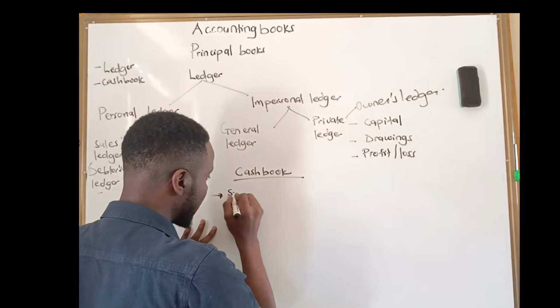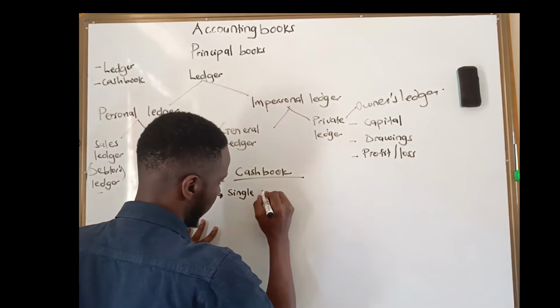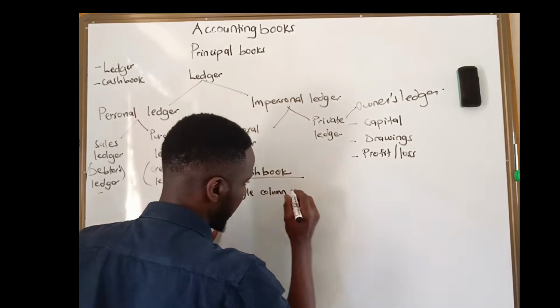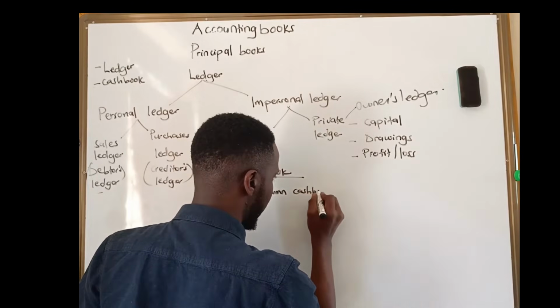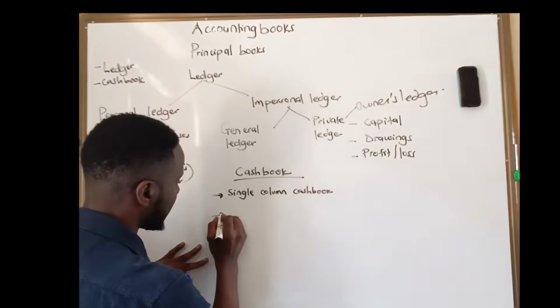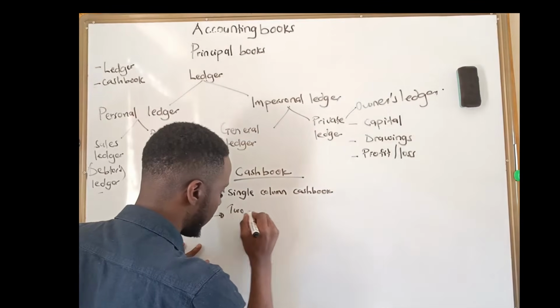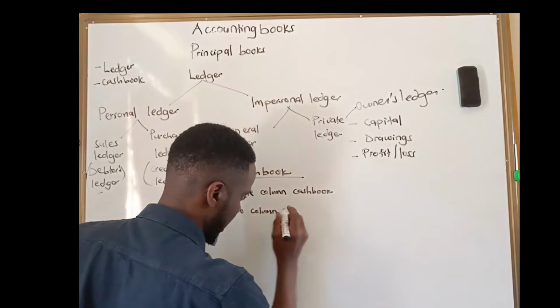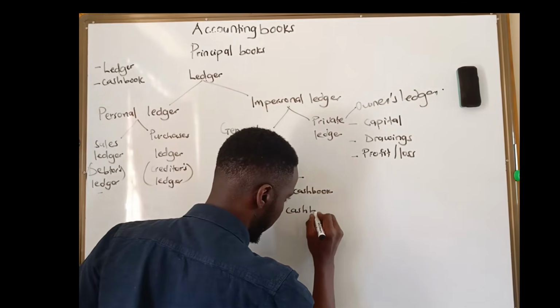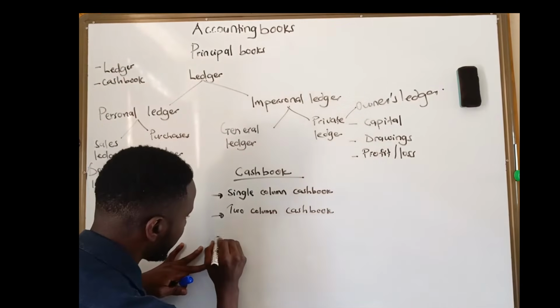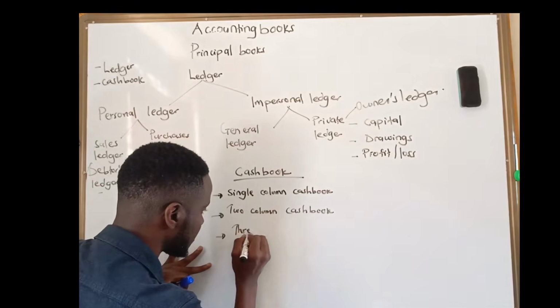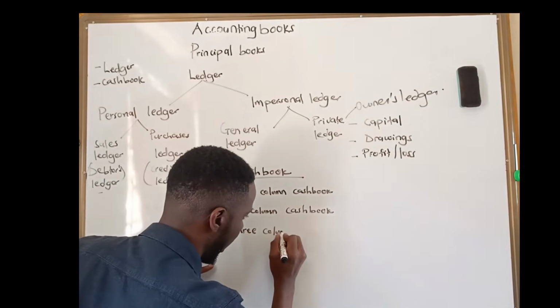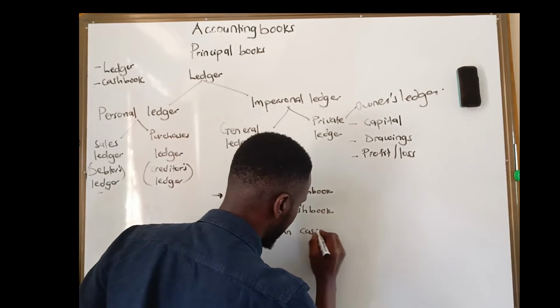We have the single column cash book. We have the 2 column cash book. We have the 3 column cash book.